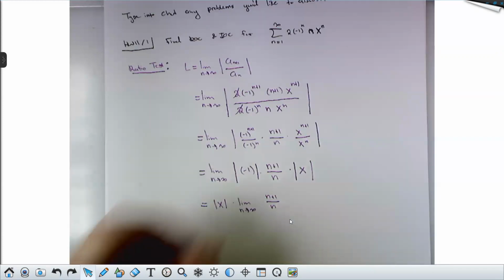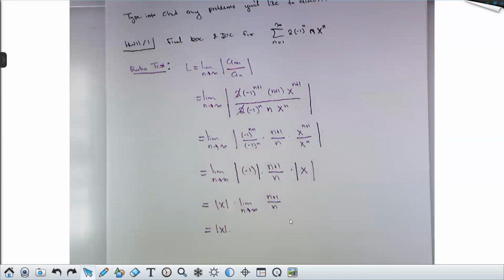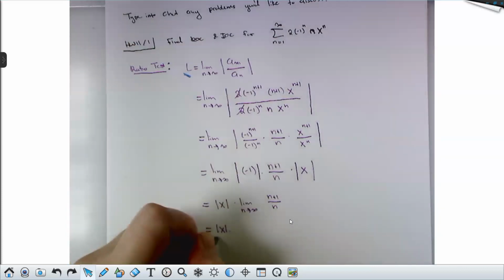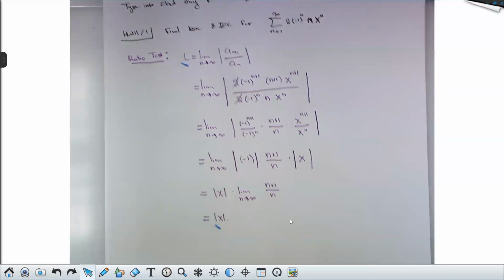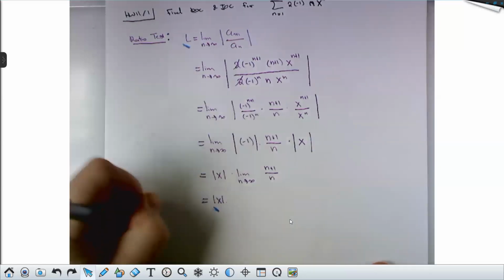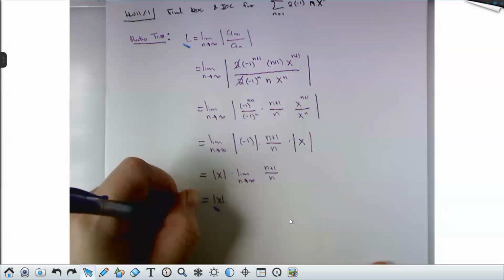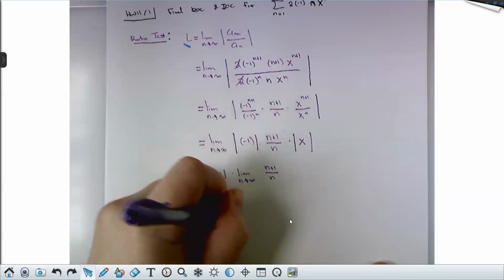So that means that the limit L from the ratio test for this power series comes out to the absolute value of x. And remember what the ratio test says. It says if L is less than 1, then the series is guaranteed to converge absolutely. So our power series is, I can never spell guaranteed, right?